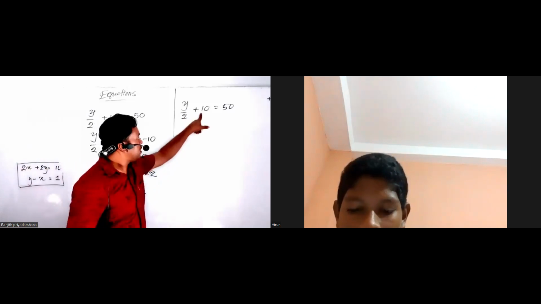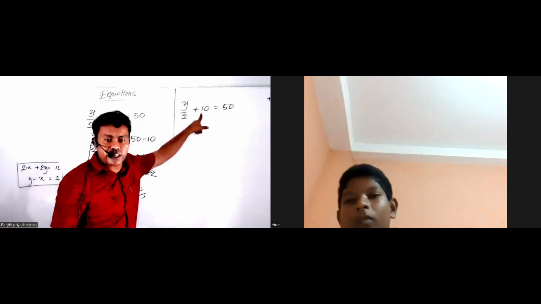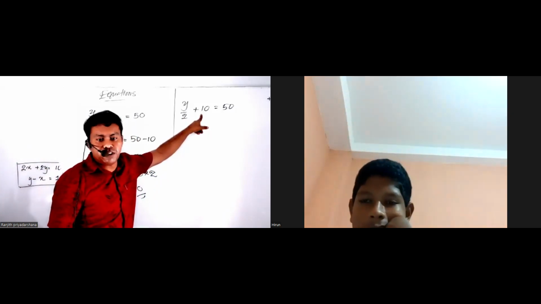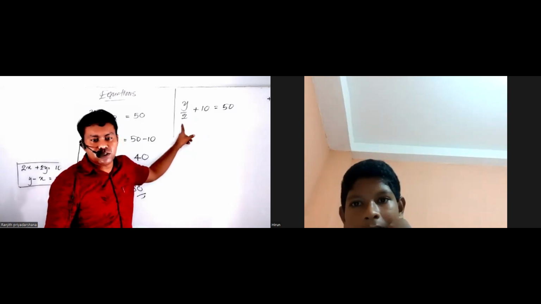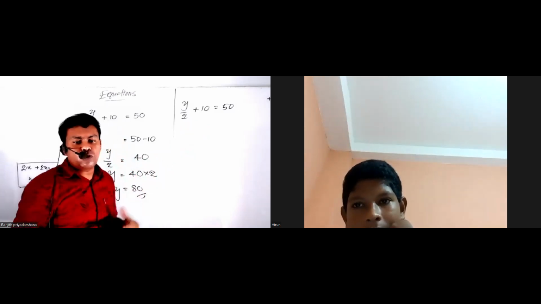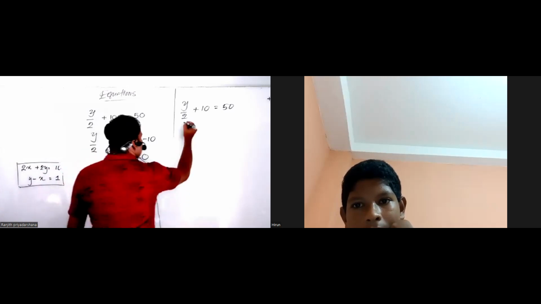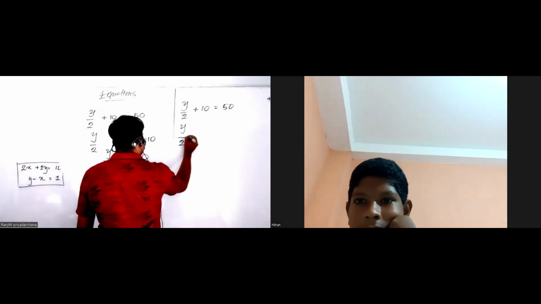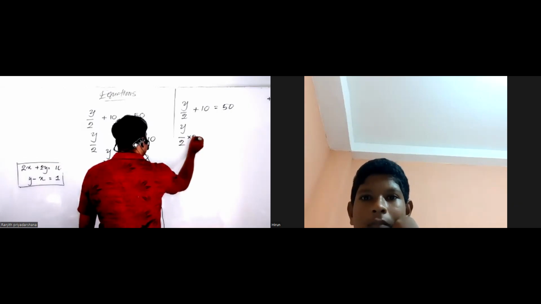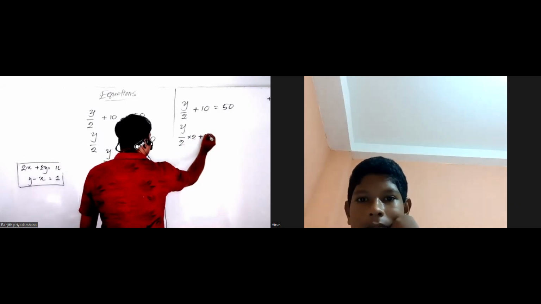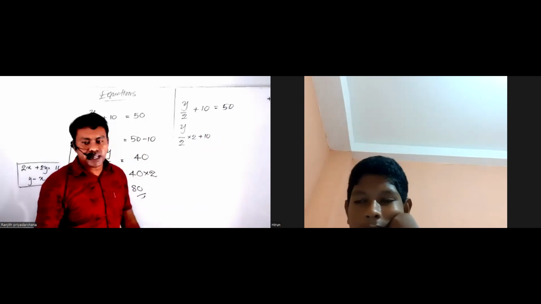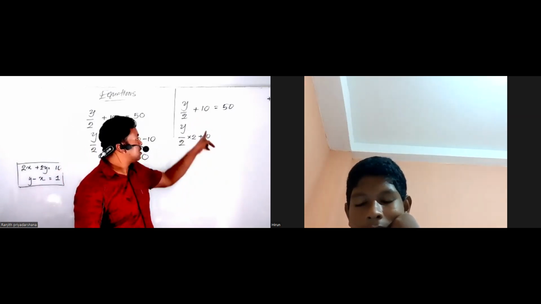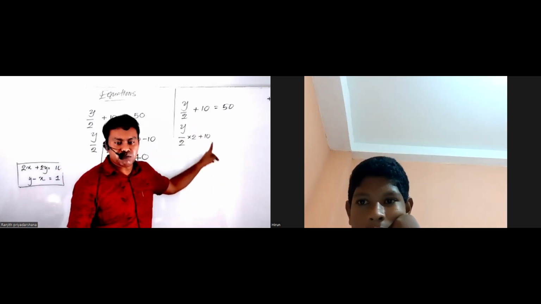Now, irrespective of the removal of 10 first, you're going to remove this 2. The division 2, how to remove? You have to multiply by 2. Then this 10 also has to be multiplied by 2.